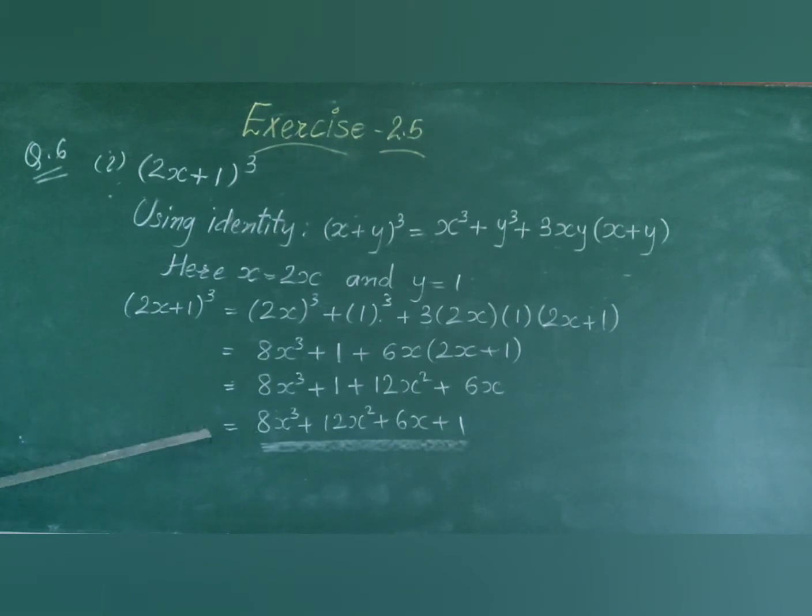Now we rearrange the terms because in polynomials we write in an arranged form only, that is 8x cube + 12x square + 6x + 1. In this way we use identity number 6 or 7 for expanding the cubes.